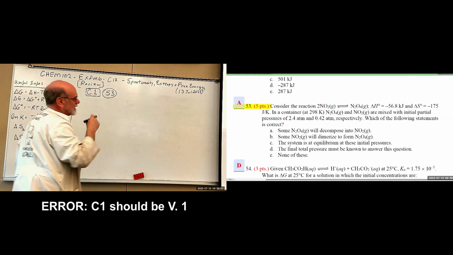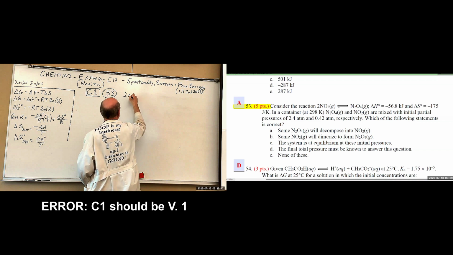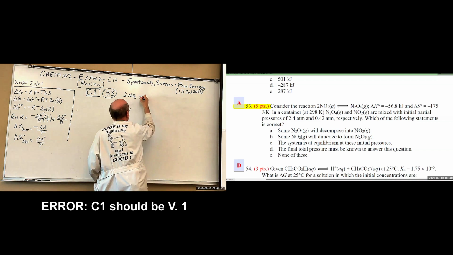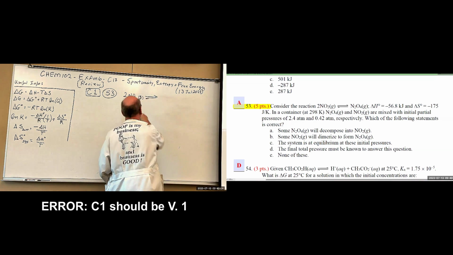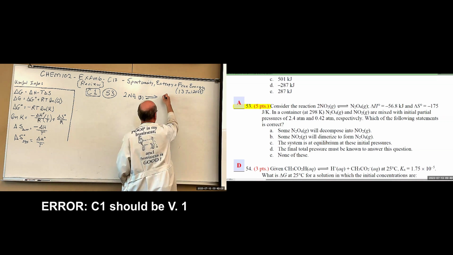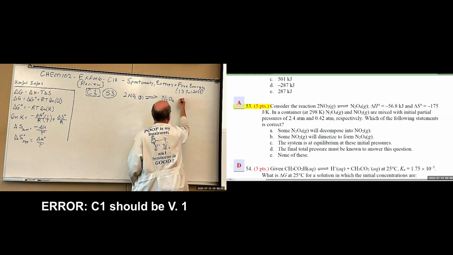All right. So we've got this reaction where nitrogen dioxide, the proper term for that is dimerizes. In other words, you get one of these attached to another one, so that's where the di comes from, and it gives us N2O4 gas.